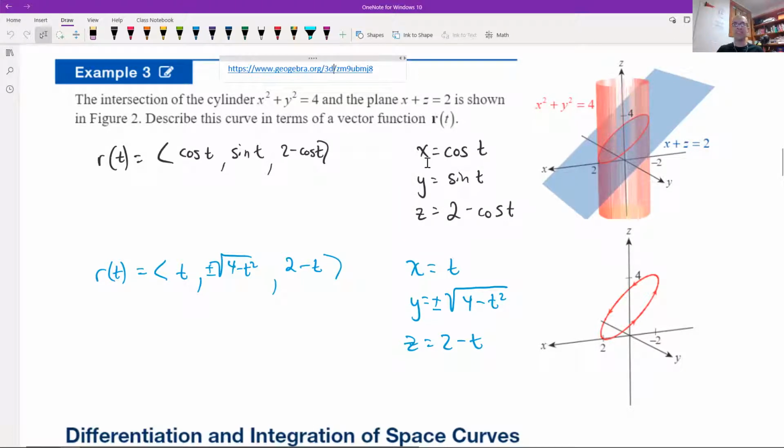Okay, if x is equal to cosine of t and y is equal to sine of t, we want 2 cosine of t and 2 sine of t. Sorry, guys. You probably see this. We need to incorporate that 4.